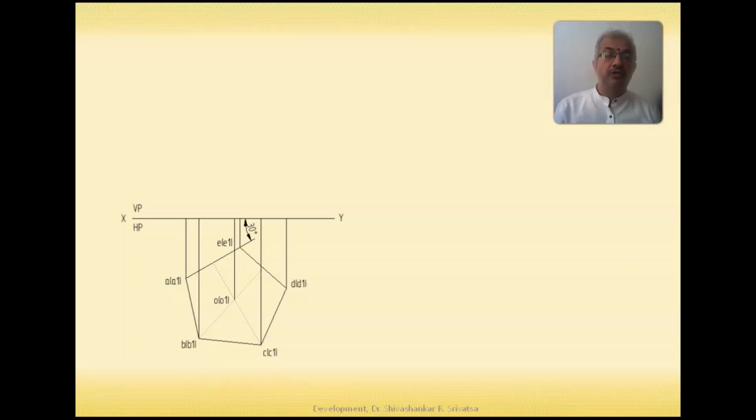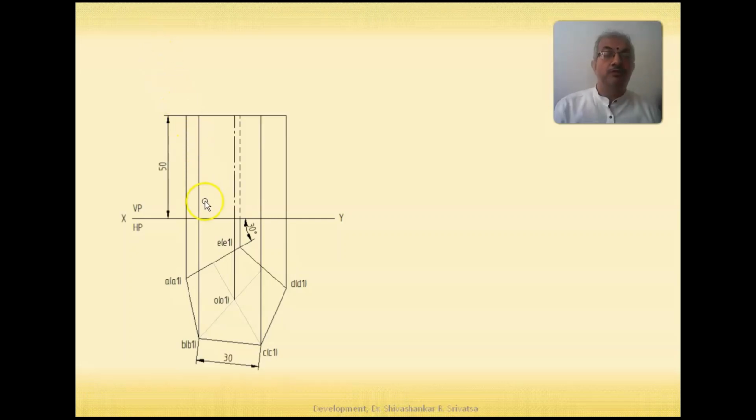You draw projectors from each of the corners up, then get the vertical edges, top face and the base in the front. In the front view we have visible lines corresponding to this corner, then 2, 3, 4. There are 4 corners visible in the front, and corresponding to E1 you have a hidden line over here and you have an axis over here.